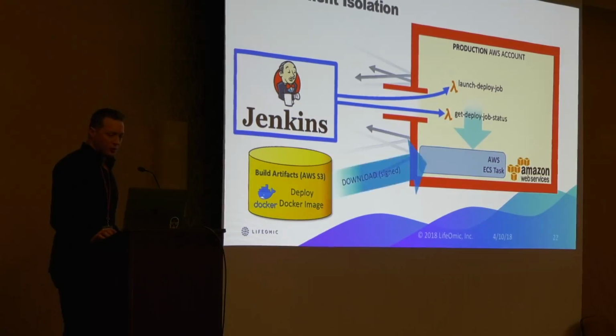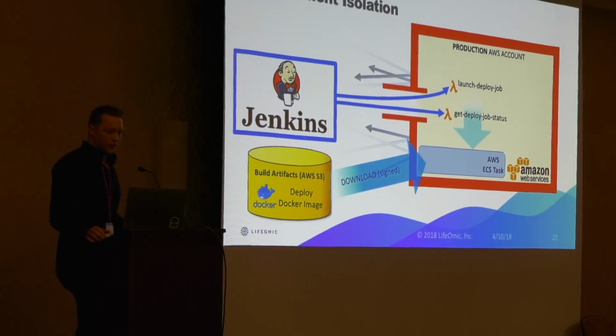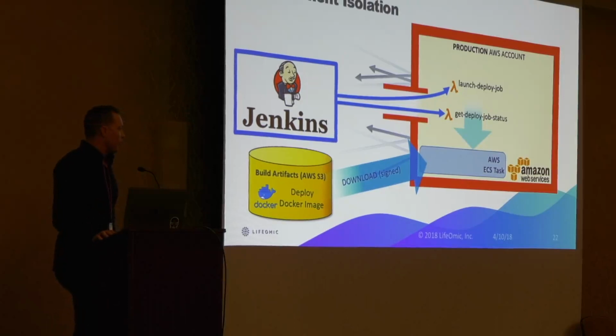While the deploy job is running, the first thing it does is download the build artifact from S3. So instead of pushing the build artifact into the environment, what we do is we send a message to invoke the job. We actually have a signing process where there's a shared secret between Jenkins and the target environment that allows the target environment to verify the signature before actually accepting the deploy job.